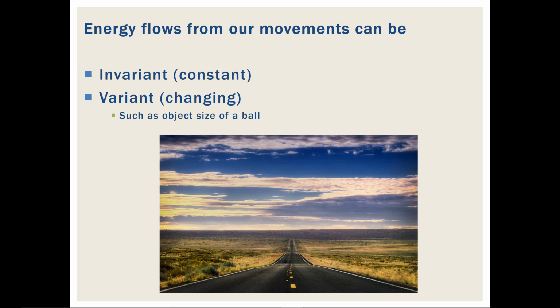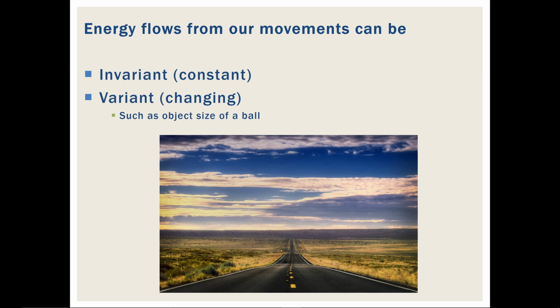There are certain features in the environment that are invariant, for example, the horizon. But as you're moving and passing cars parked on the side of the road, they're going to change size all the time. There are going to be variants in the environment, cars on the other side of the road, and so on. So as we move about in space, we take up information from variant sources and invariant sources.